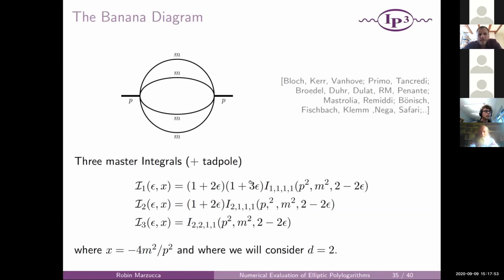We have computed these integrals first in terms of iterated Eisenstein integrals, or iterated integrals of modular forms, which we have then transformed to an expression in terms of elliptic multiple polylogarithms using the algorithm that I described before. And now I took the expression of the master integrals that we obtained in terms of elliptic polylogs and evaluated it numerically using the algorithm that I just described.